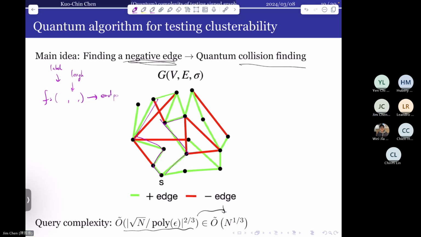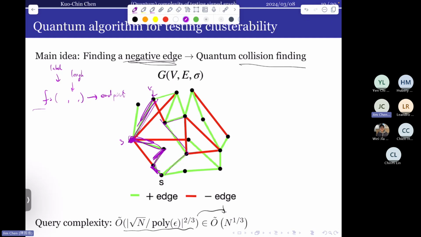For example, we could implement a random walk like this, and this would be the endpoint. It can be another endpoint if the length of the random walk is 3, and this is the endpoint for the random walk of length 4.